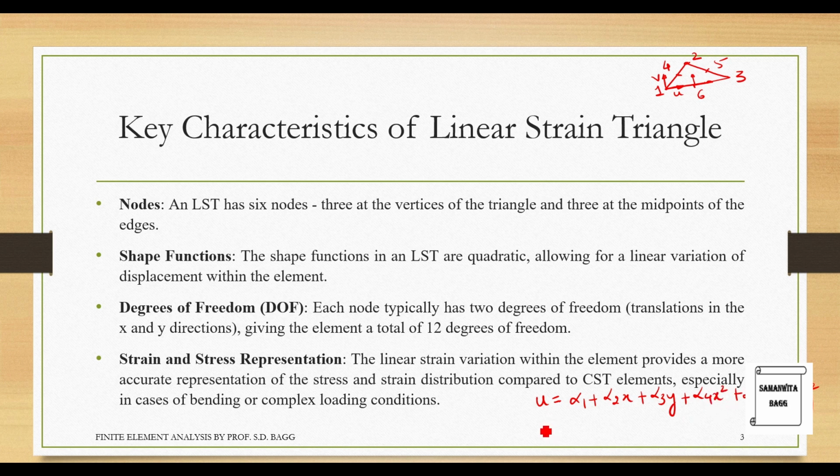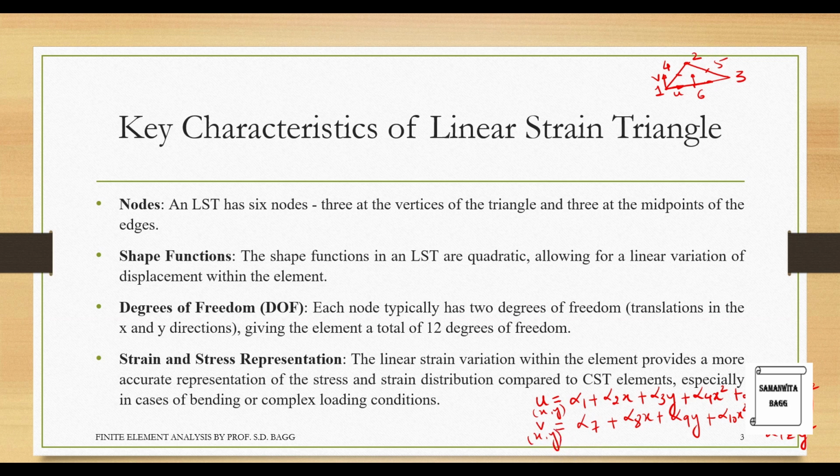Now the displacement along the y-axis will be given as alpha 7 plus alpha 8x plus alpha 9y plus alpha 10x squared plus alpha 11xy plus alpha 12y squared. So this is in terms of both x and y. This is the displacement equation.